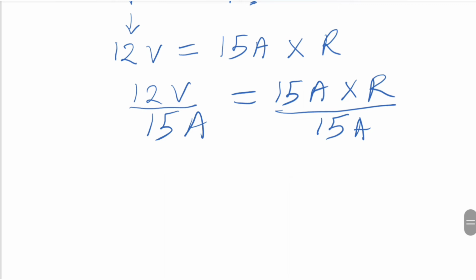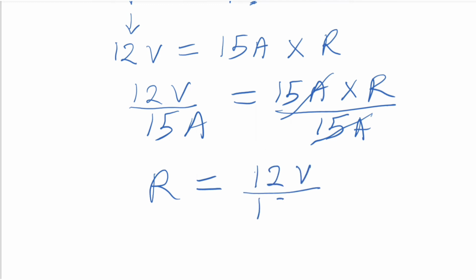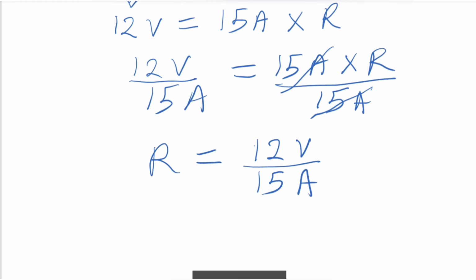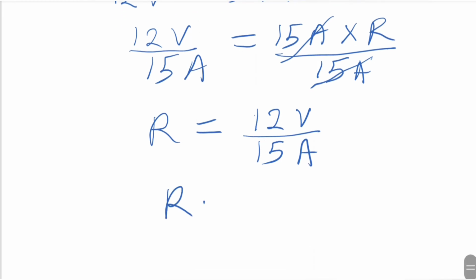Then on the right hand side, 15 amps will cancel 15 amps. So we have the resistance equals 12 volts over 15 amp. If you use your calculator, 12 divided by 15 will give you 0.8. Resistance is measured in ohms, so I'm just going to put ohms here, and that will be your final answer.